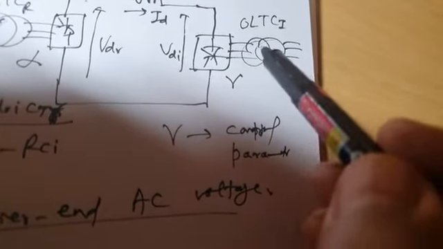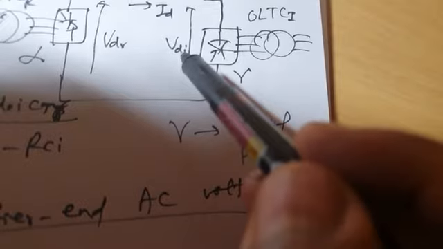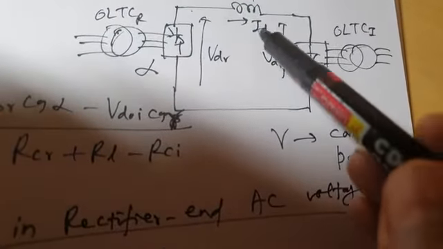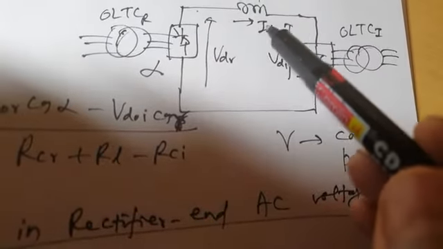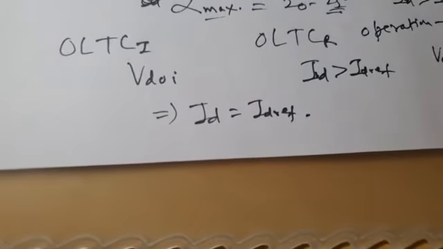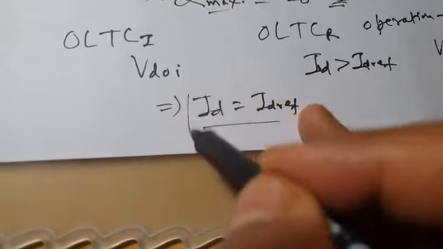It will increase the tapping of this transformer so that VDI increases. When VDI increases, the current is this voltage minus this voltage divided by resistance, so ID decreases, and it is possible now that ID becomes equal to ID ref. So this is the sequence of actions which will be taken by your controller to maintain ID equal to ID ref constant.